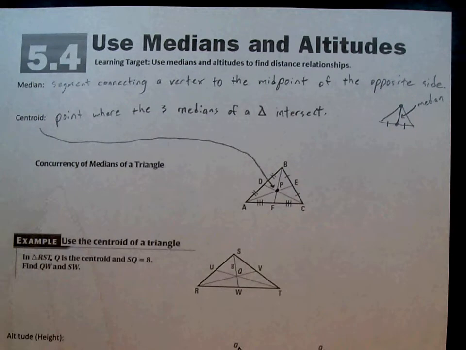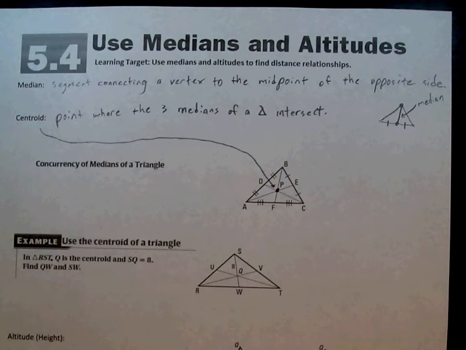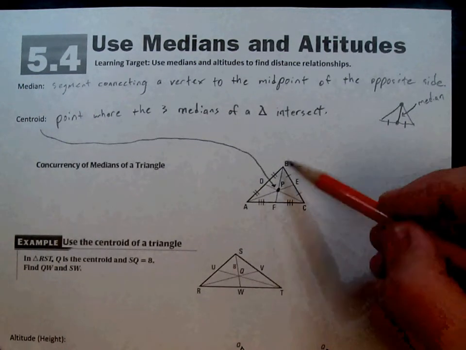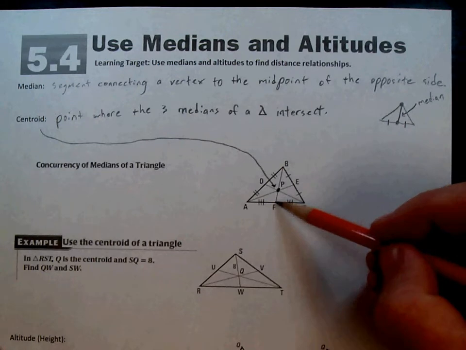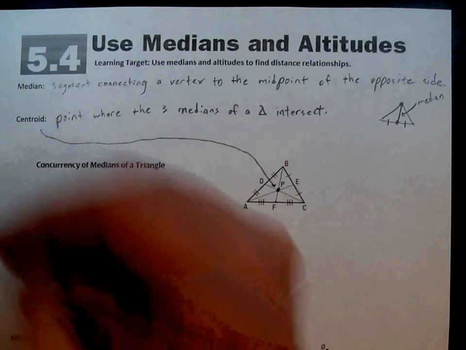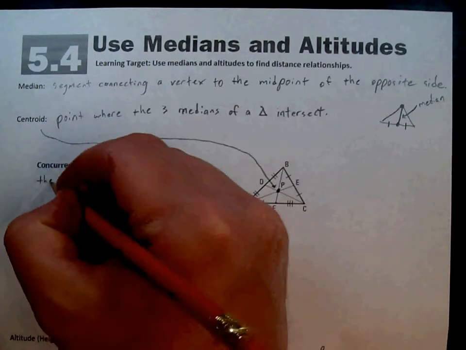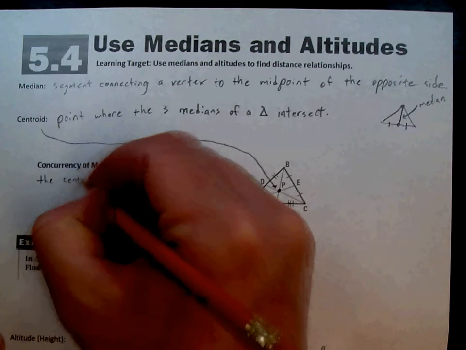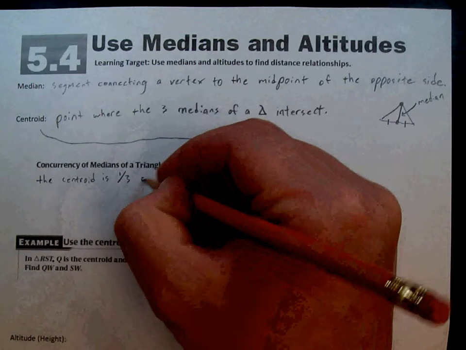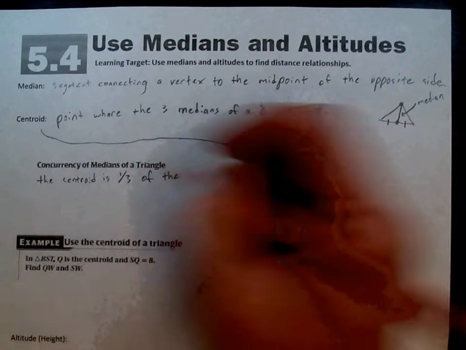Here, where it says concurrency of medians of a triangle, it turns out that the point is located like this: if you start not at the vertex, but at the midpoint, and make your way across the median, the centroid is a third of the way across. The centroid is 1/3 of the way across the median when you start at the midpoint.